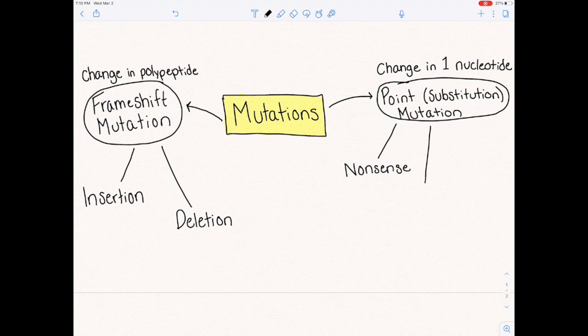Could also have something called missense, where a change in a nucleotide or a substitution of a nucleotide results in a different amino acid being added to the chain. And last, you have a silent mutation. Those would be when you have a change of a nucleotide, but when you use the codon chart, it still gives you the same amino acid.